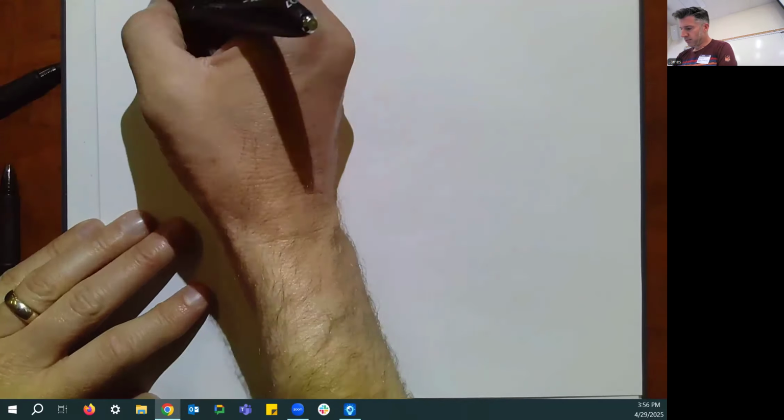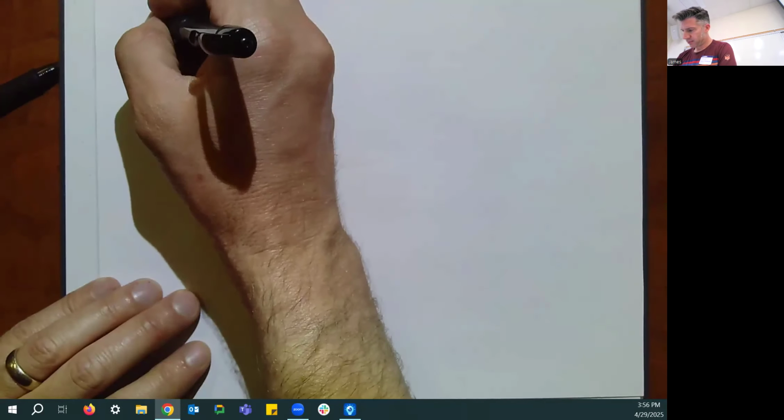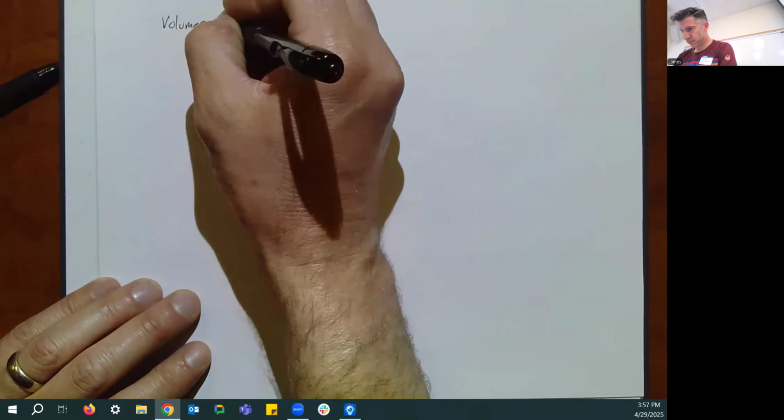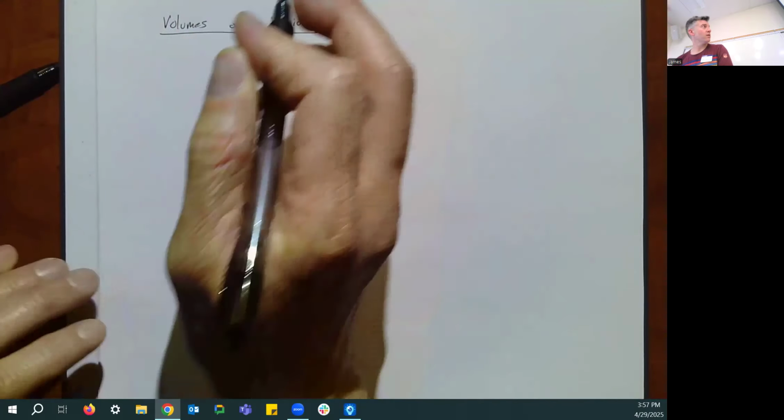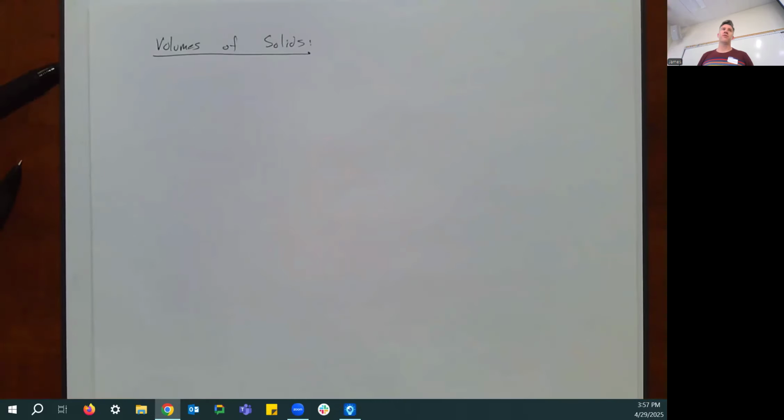For volume, I'm going to put you somewhere. There you are. So volumes of solids. There's kind of three different techniques for finding the volume of a solid.